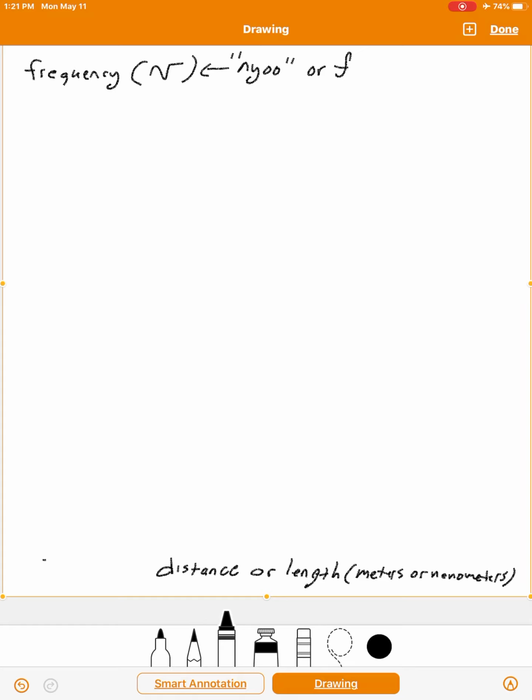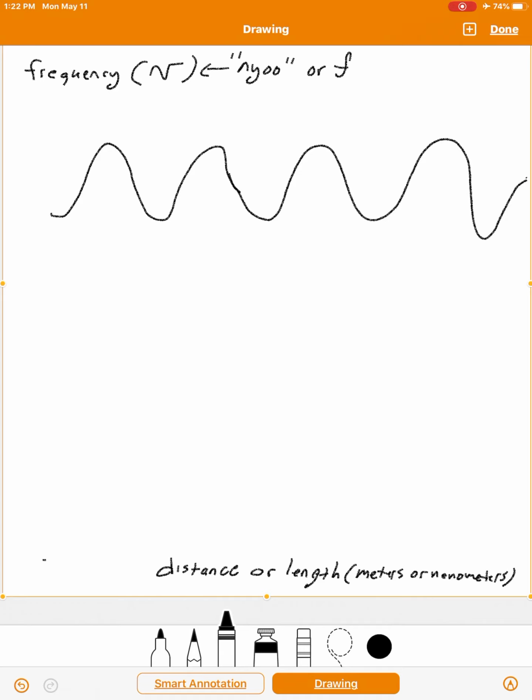So again, now I'm going to draw the wave. Again, I'm trying to draw this as pretty as I can. Here we go. Okay. Now we're going to consider on the x-axis time. So imagine that you've got this repeating pattern. Look out on the ocean. You see the water coming towards you.